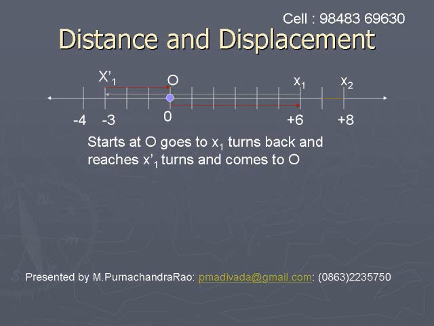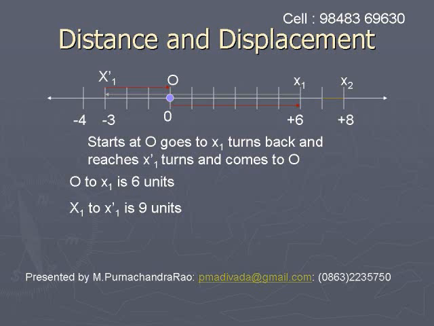Distance and displacement. Suppose a body starts at O, goes to x1, turns back and comes to x1 prime, and then once again turns back and comes to O. The distance travelled from O to x1 is 6 units.